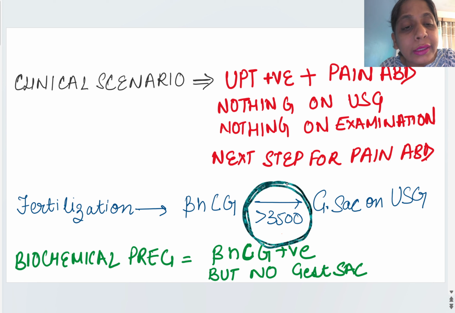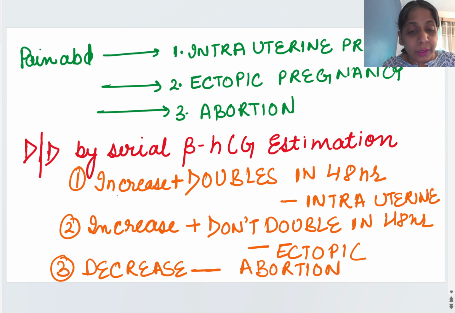Before that, we get nothing on ultrasound. So the condition in which beta hCG is positive and no pregnancy is found on ultrasound or examination is known as biochemical pregnancy.